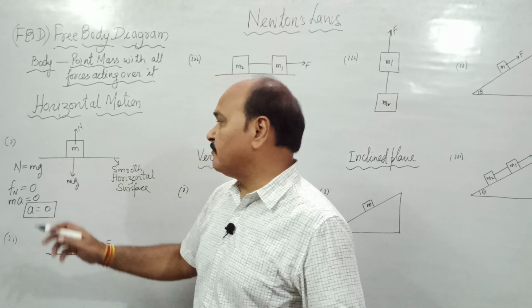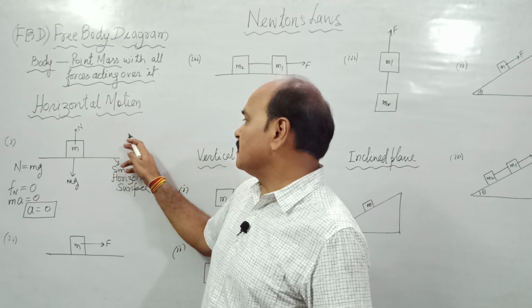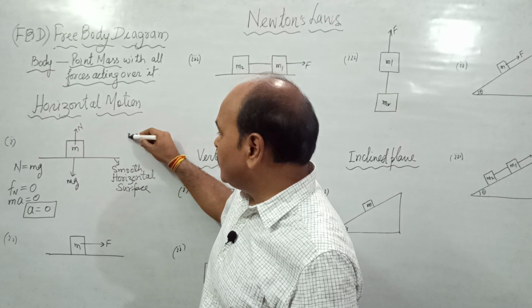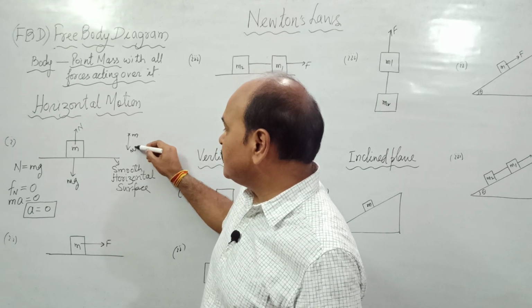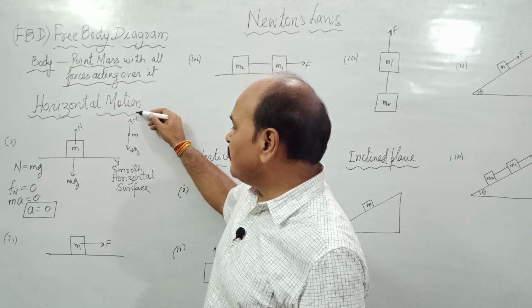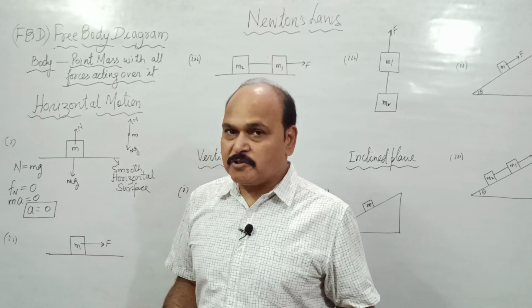If we wish, we can make a free body diagram for this particular point mass. This is mass m. The two forces acting over it are what? Its weight, and the second one is the normal reaction of the surface over it. Both these forces cancel each other, equal and opposite.